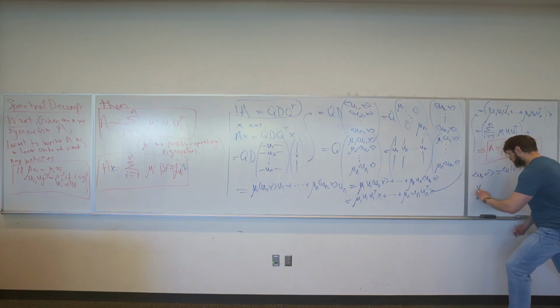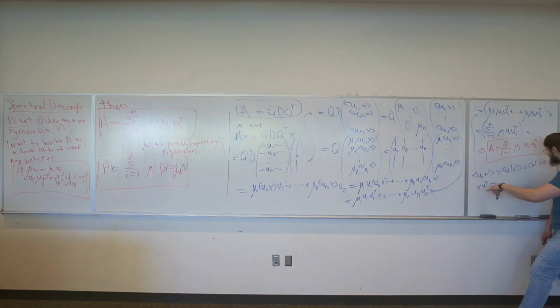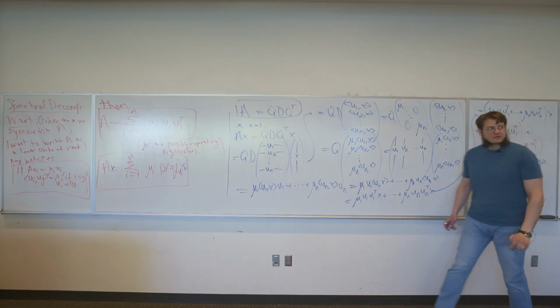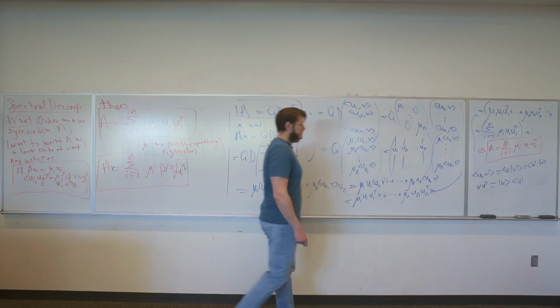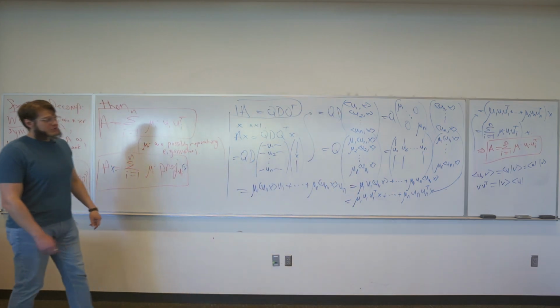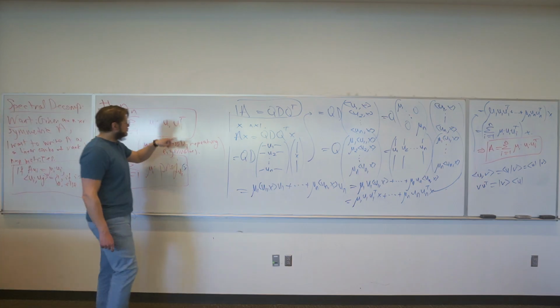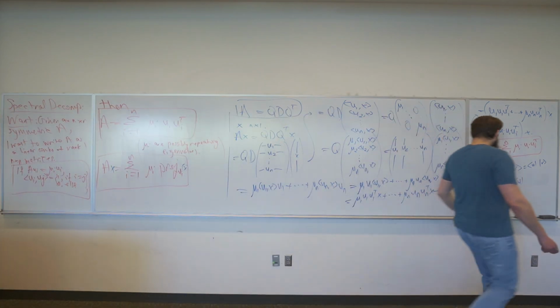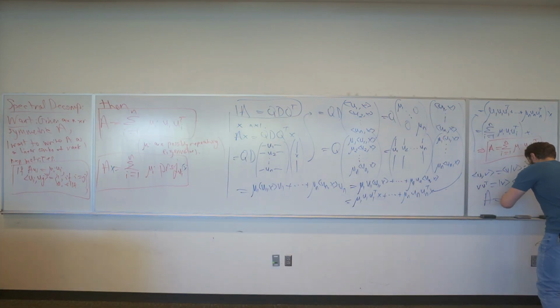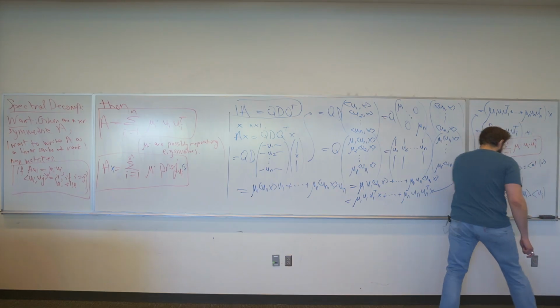So u times v transpose, this outer product, is like this. In physics literature, this is what they write. And this is what is called the bra-ket notation. And so in physics literature, this turns into this.